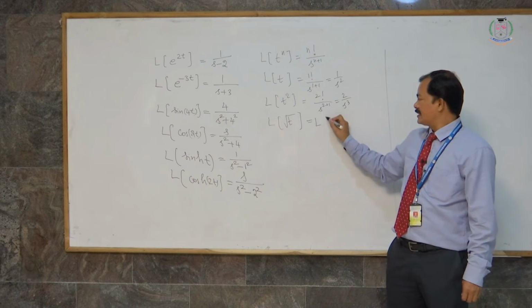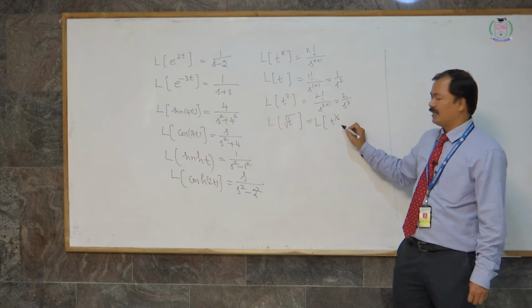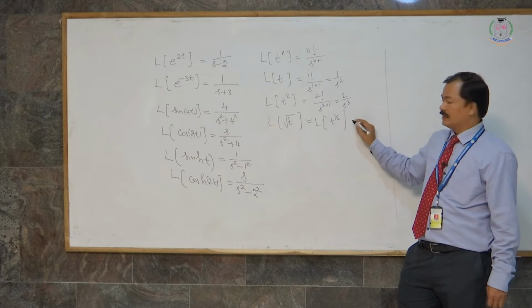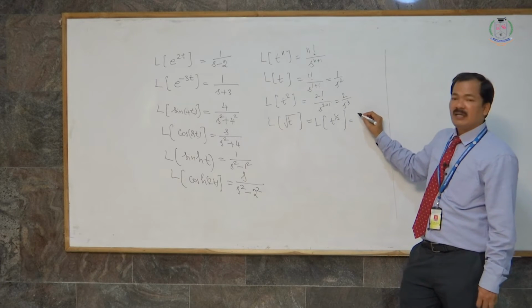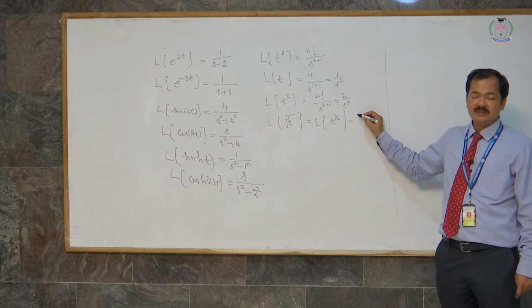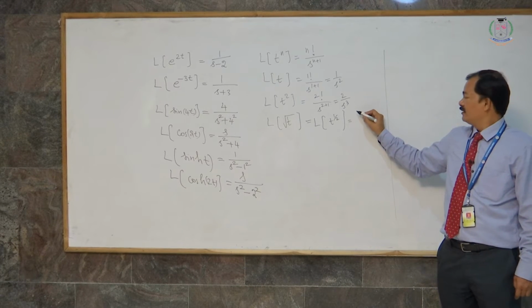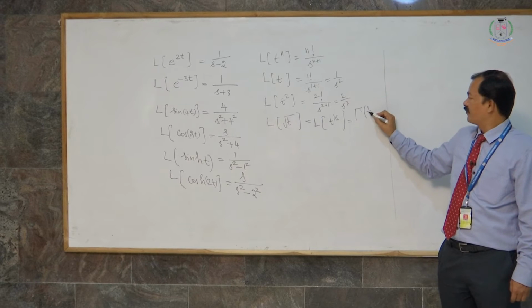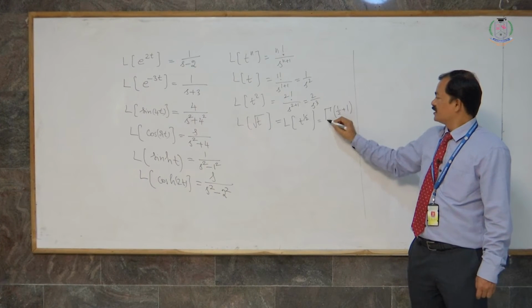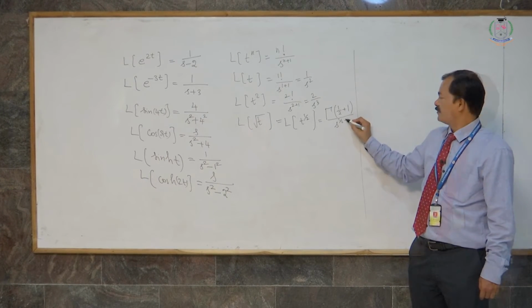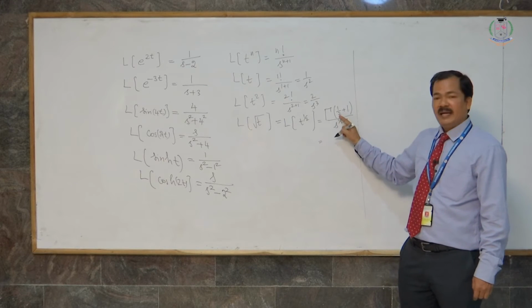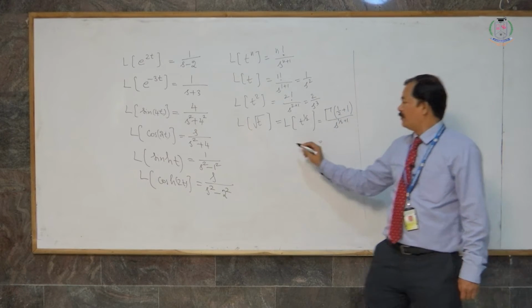This can be rewritten as Laplace transform of t to the power of half. So, it is a fraction. Therefore, we know the formula, it is gamma of n plus 1 upon s to the power n plus 1. We know the formula gamma of n plus 1 is equivalent to n into gamma of n.